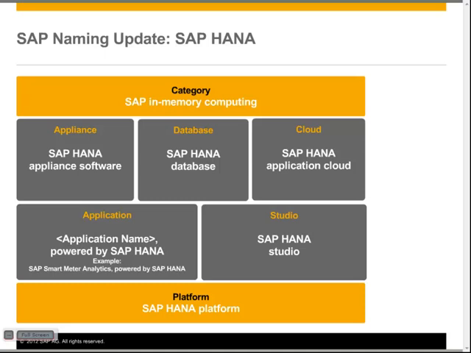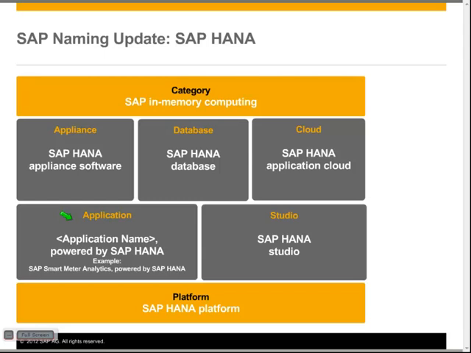Additionally, we look at this diagram. Here we've got the SAP HANA Application Cloud, which is what we call HANA when it's deployed into a cloud-based environment. We also have applications. Applications could potentially be powered by HANA.